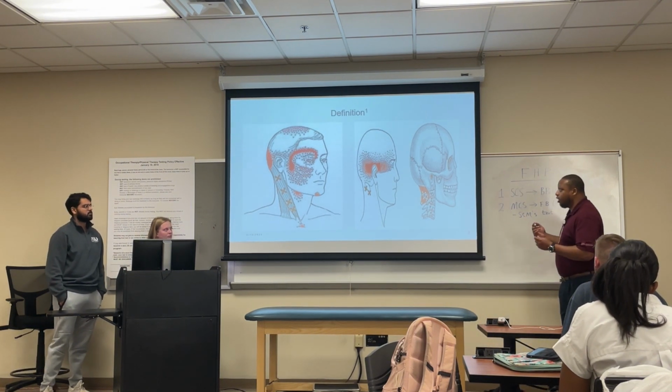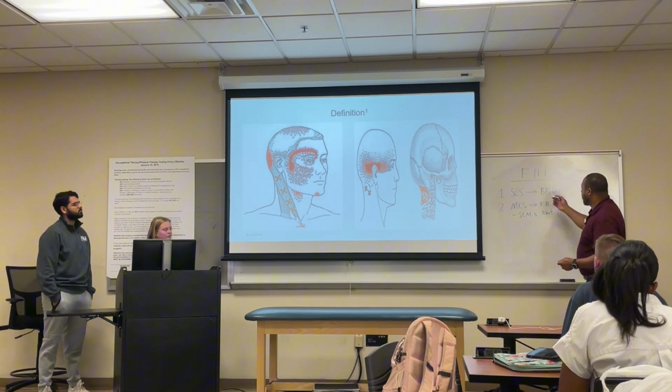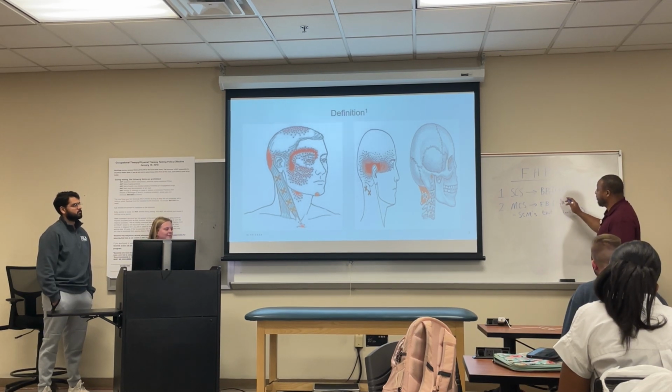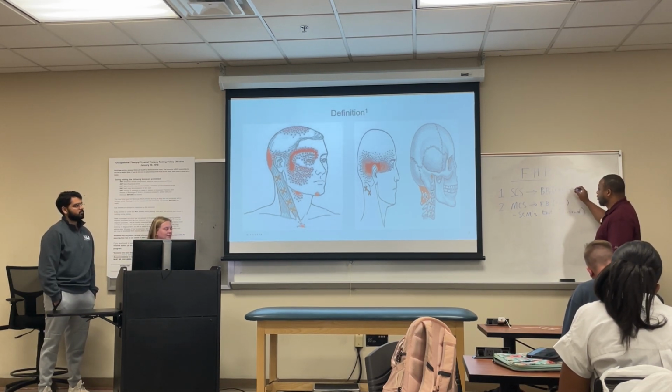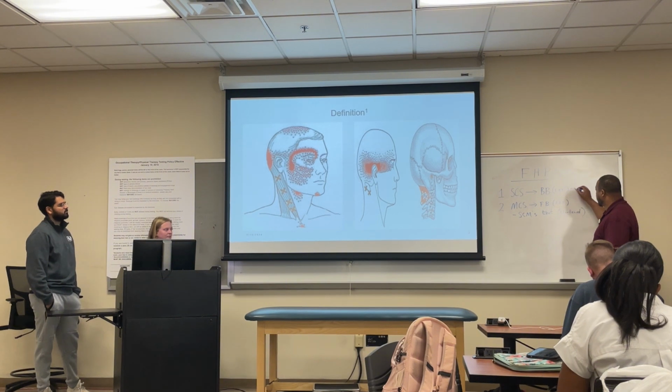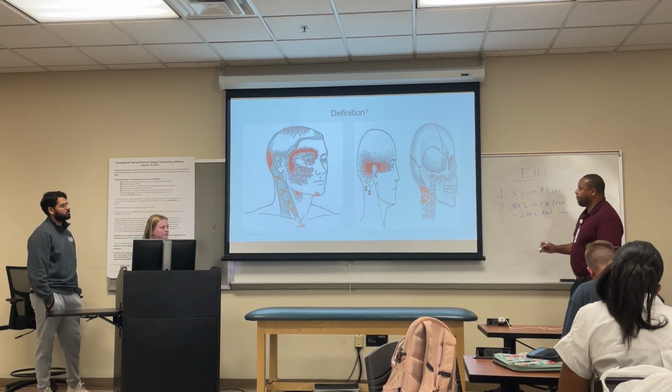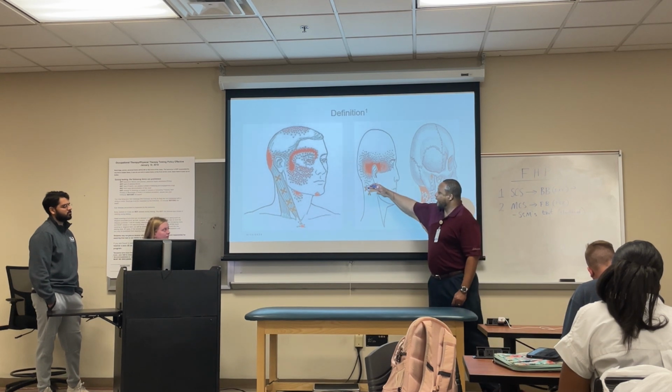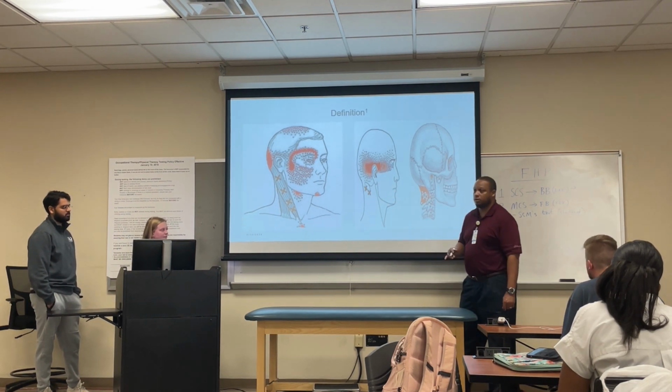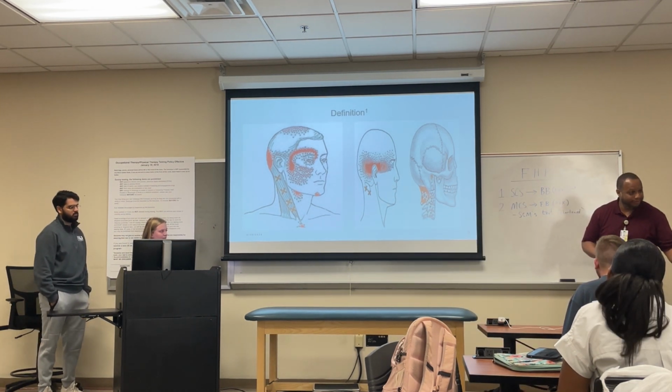Now, if we talk about backwards bending, this is content you need to know, that's why I'm taking my time going through this. With backwards bending, I didn't leave myself room to write a bullet under here. But with backwards bending of the subcranial spine, what happens to the suboccipital muscles? They become shortened, right?